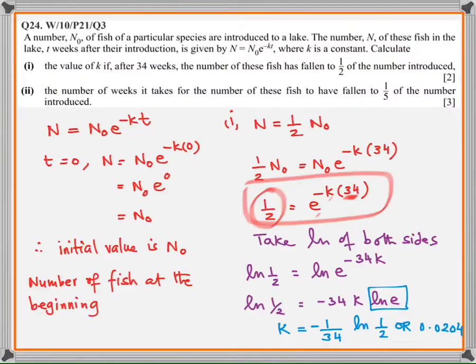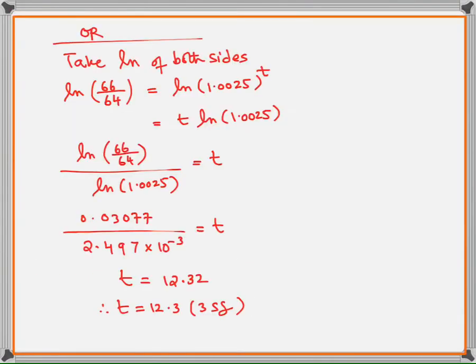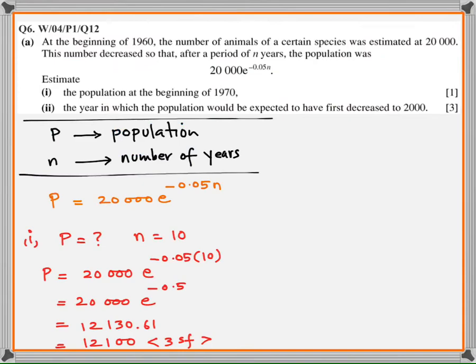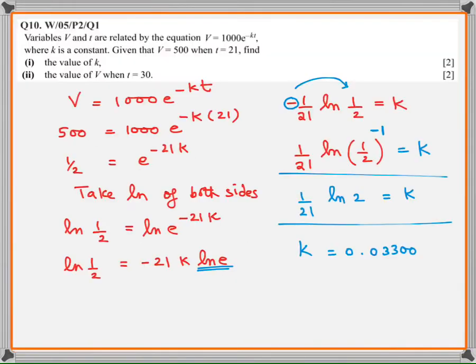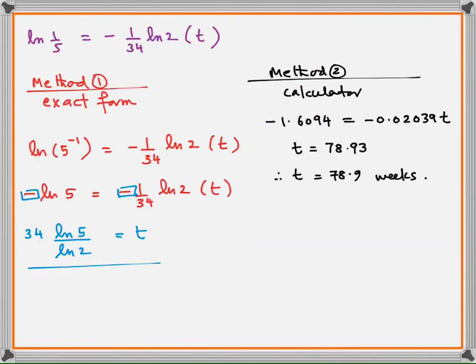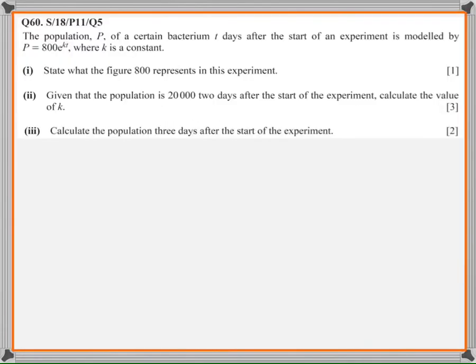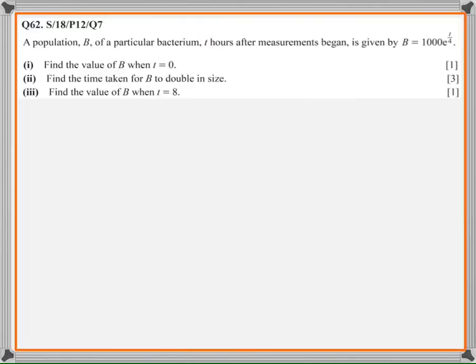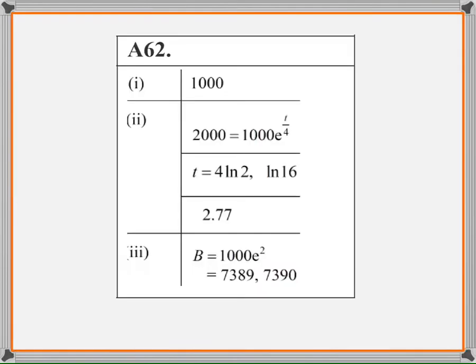So how many questions have we discussed? Question number 24, and then question number 8, question number 6, and question number 10. So we discussed 4 questions. We discussed the whole concept in totality. And there are 2 questions for you to try out, and the answers are given over here. So that explains the concept of logarithm.